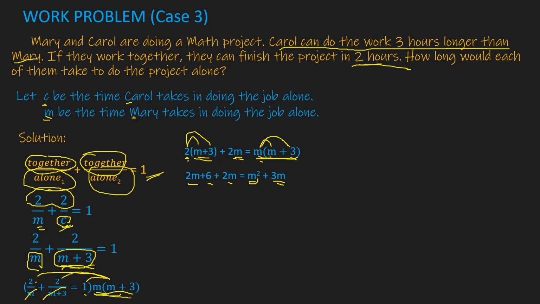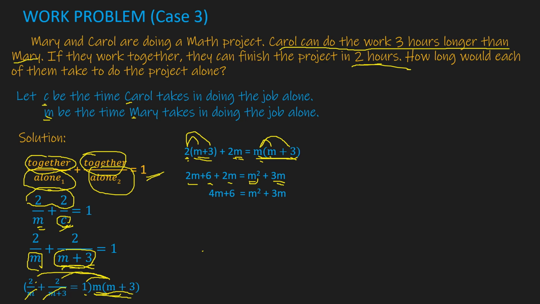And by combining similar terms to further simplify our equation, we add 2M and 2M at the left side of the equation. So we have a result of 4M, and 6 to be copied.